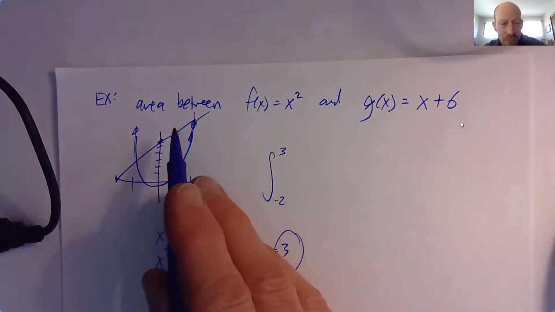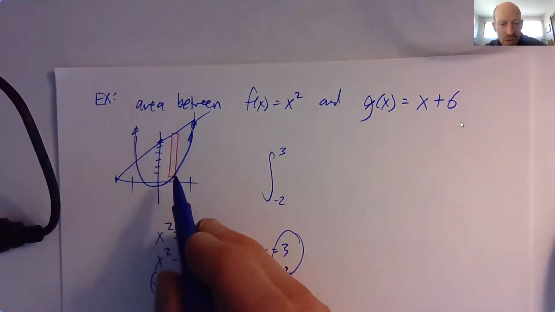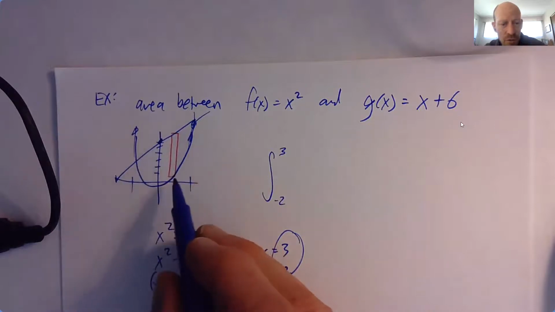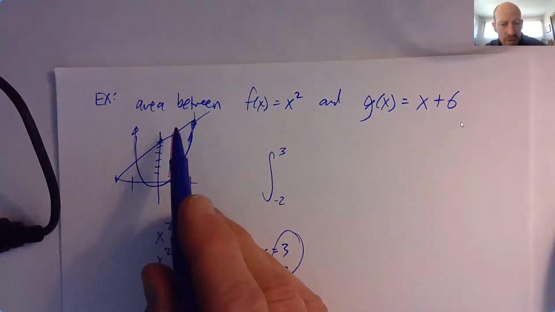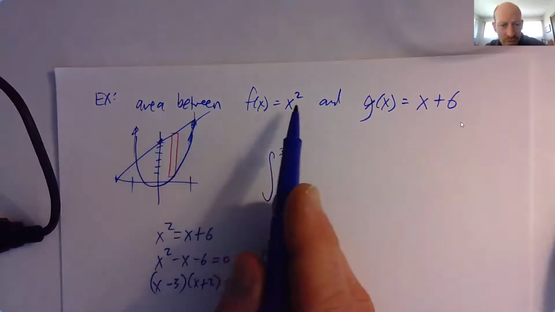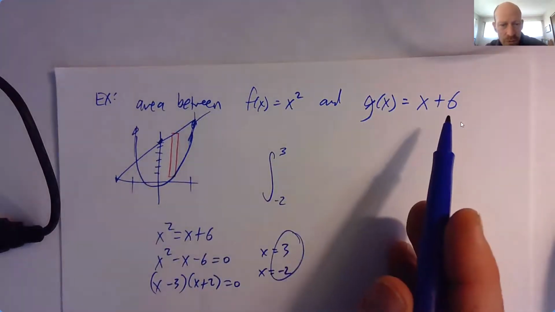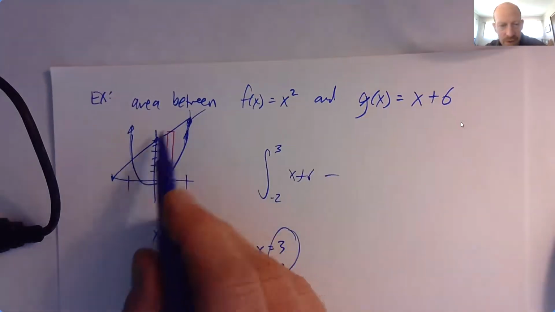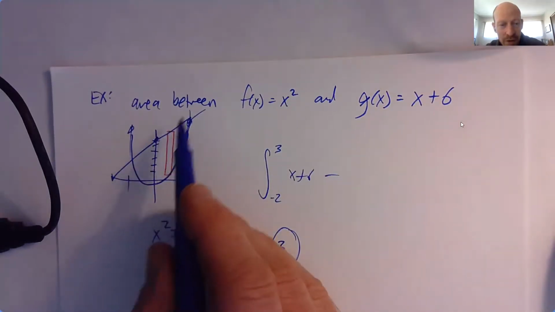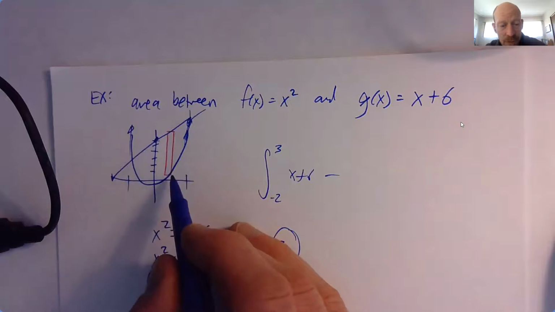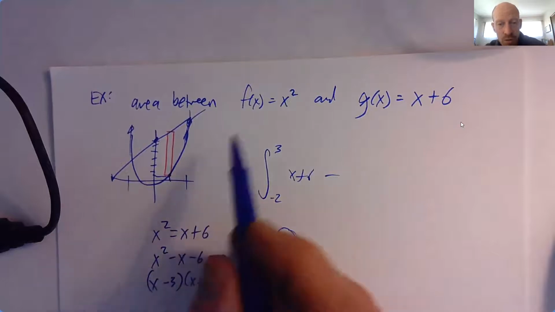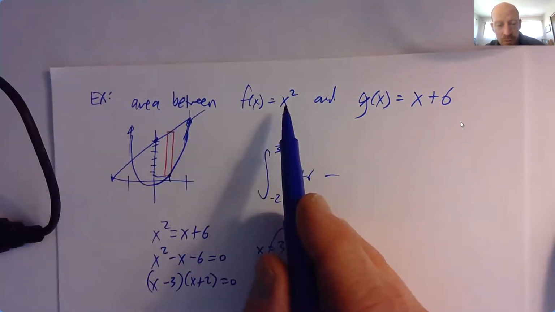And then I need to add up the height of this function. What I talked about before is we take the upper value minus the lower value. So this upper value is f of x equals x plus 6. That's the top value, the y value up there, the height of it, minus the height down here, which is equal to x squared.